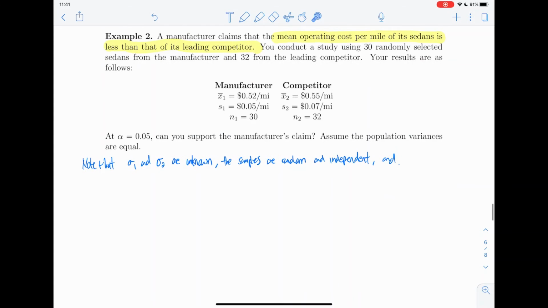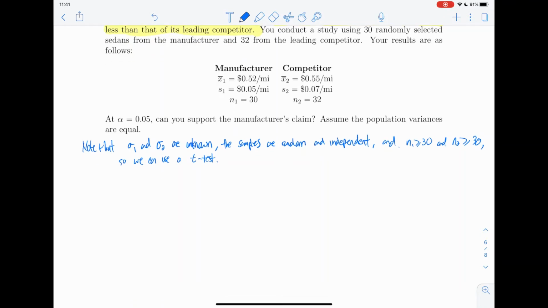However, we don't need it because the individual sample sizes, N1 and N2, are each greater than 30. So therefore, we're still in good shape. So we'll say N1 is greater than or equal to 30, and N2 is greater than or equal to 30. So all of these hypotheses allow us to conclude that yes, we're in the context of section 8.2, and yes, we can use a t-test.